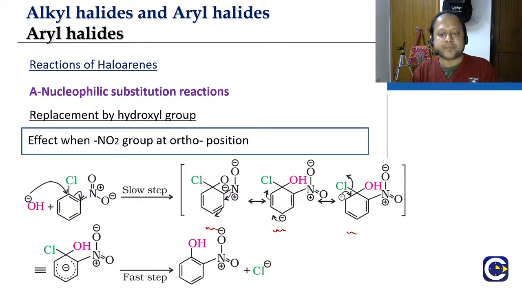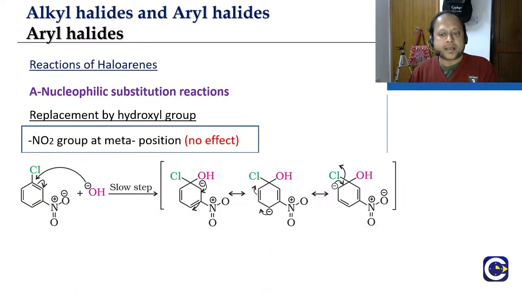So the same thing. But if it is at meta position, then it is very difficult, because electron distribution is kind of forced one, and nitro is not at all helping. Hence we see there is no effect if you put the nitro group at the meta position.